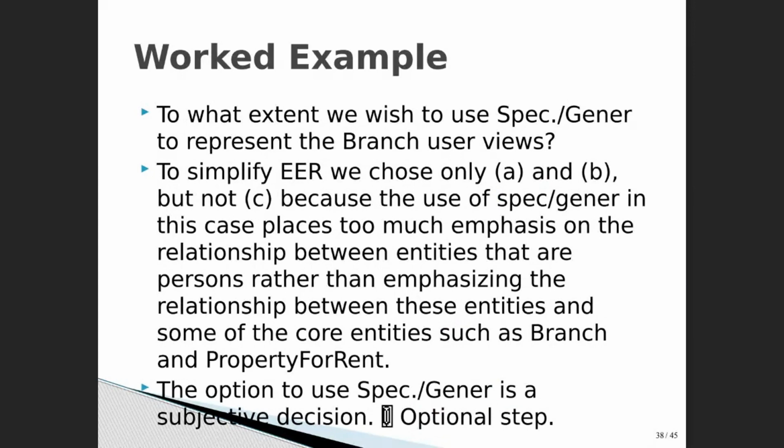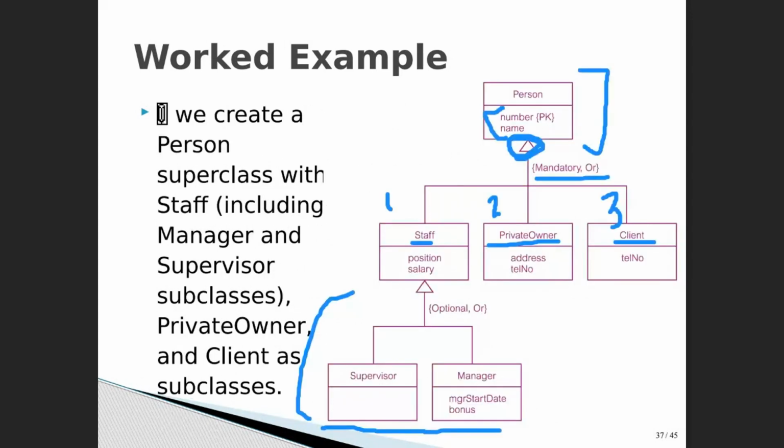To what extent do we need to use specialization and generalization to represent branch user views?